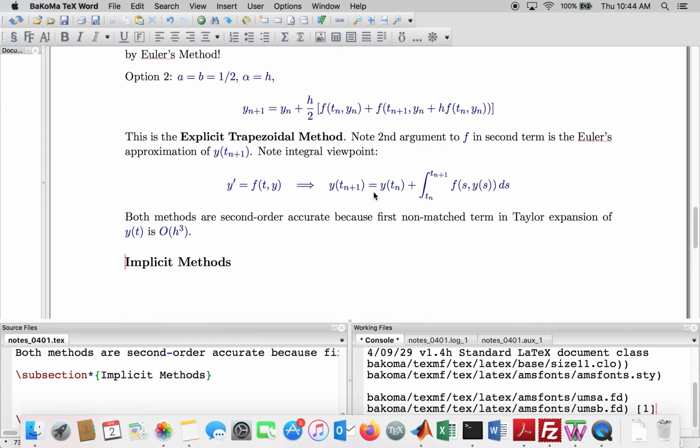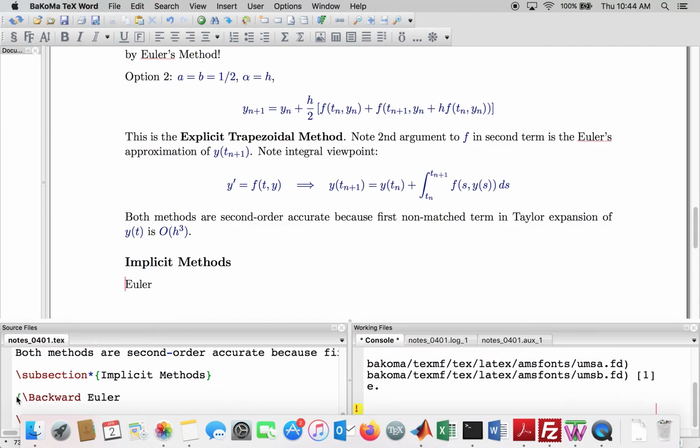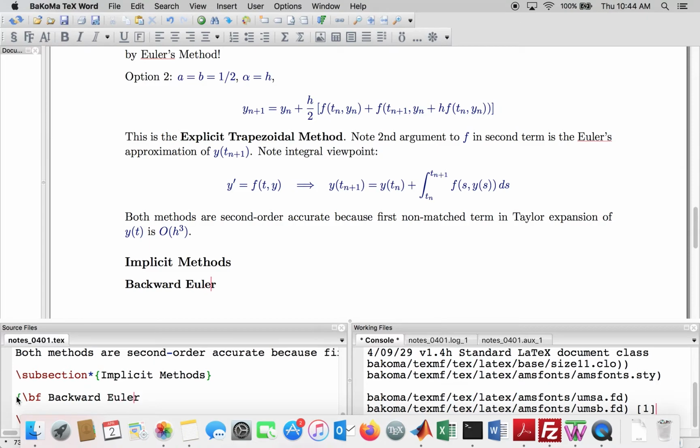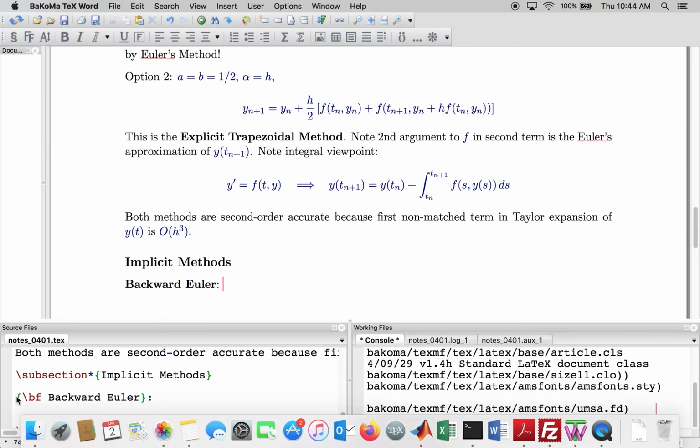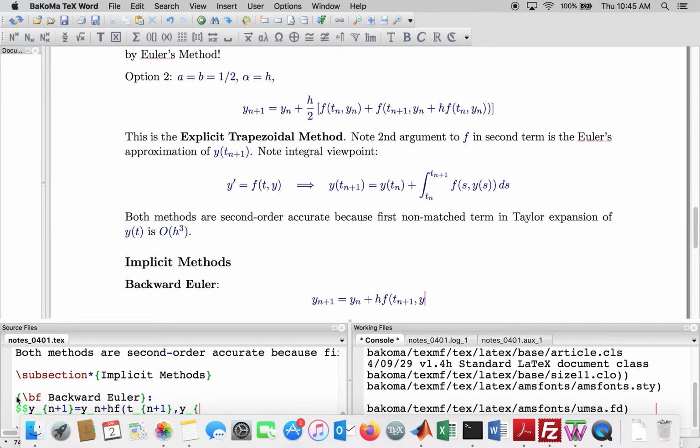So if I approximate this integral by evaluating the integrand only at tn plus 1, then we have the following: Backward Euler, which is very similar to Euler's method that we saw last time. So h f of tn plus 1, yn plus 1.